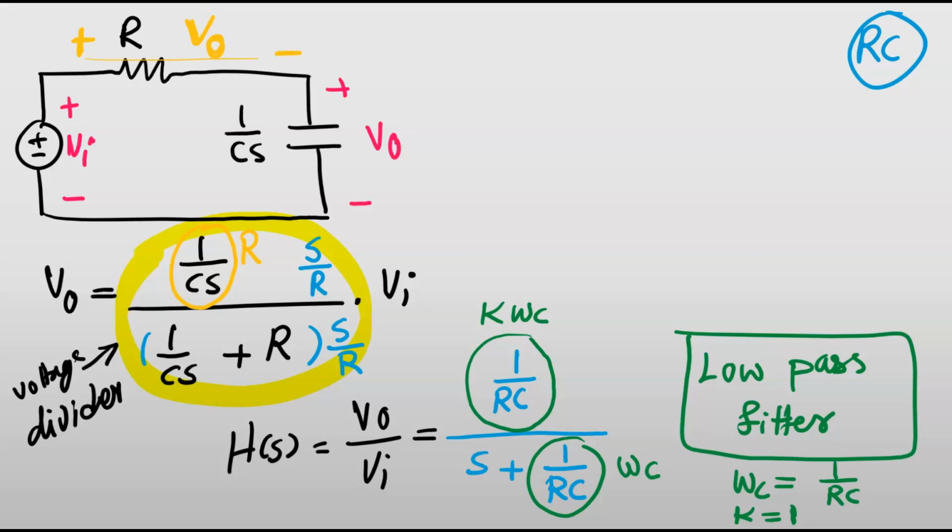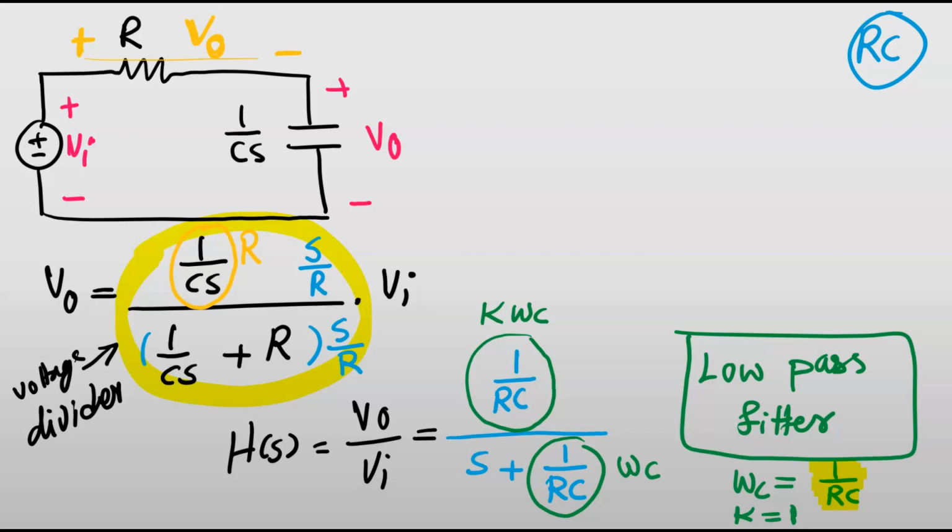The cutoff frequency is 1 over RC. It doesn't really matter. As soon as you decide to work with an RC circuit, your first-order low-pass or high-pass filter's cutoff frequency is going to be 1 over RC, but depending on whether you're looking at the voltage of the capacitor or the voltage of the resistor, you're going to have a low-pass or high-pass filter.